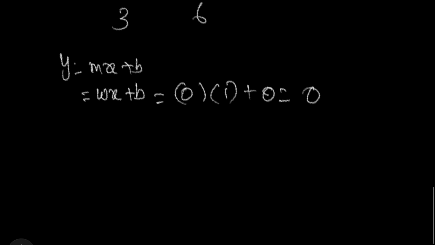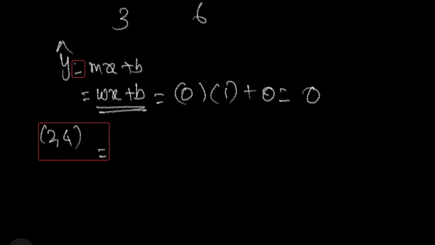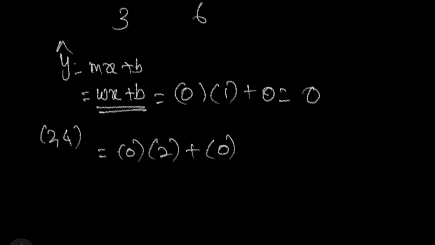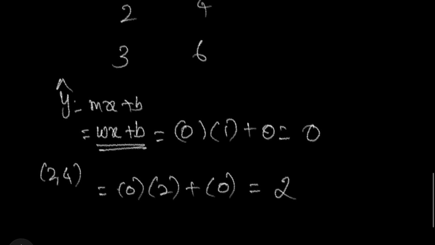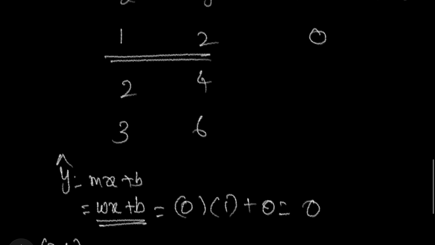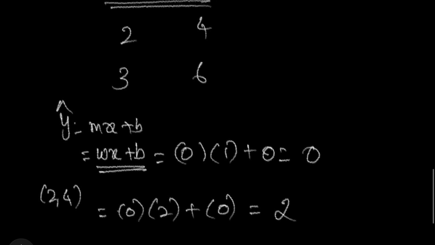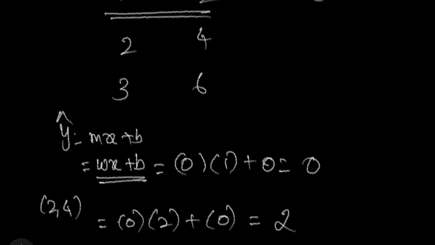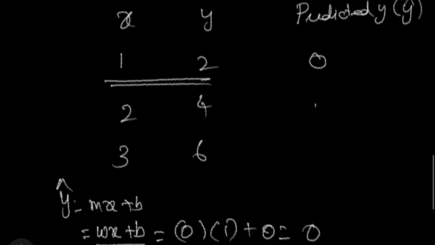And next we have 2 and 4. We will use this formula for the prediction. What is the initial w value? It is 0. X is 2 plus bias is 0. 0 into 2 is 0.